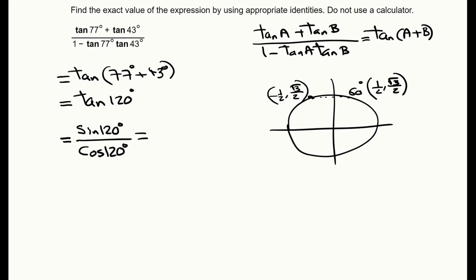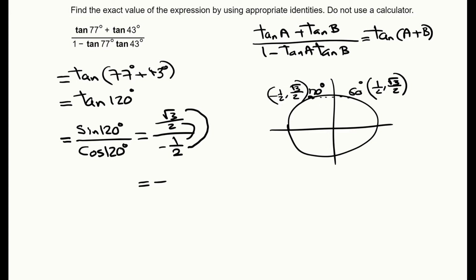And for sine of 120 degrees, we have the y value at the point which we designated here. So it's going to be square root of 3 over 2 over the cosine, which is going to be negative 1/2. So if you recall, we have the nice trick that if you have one fraction over the other, it's going to be the outer product over the inner product. So we notice that the overall sign is going to be negative.